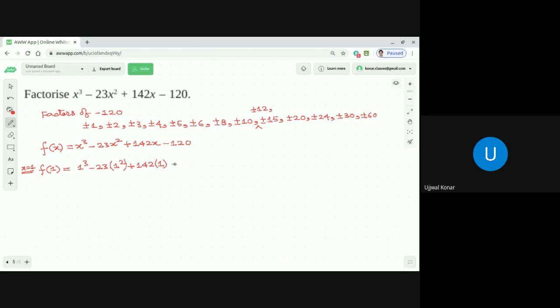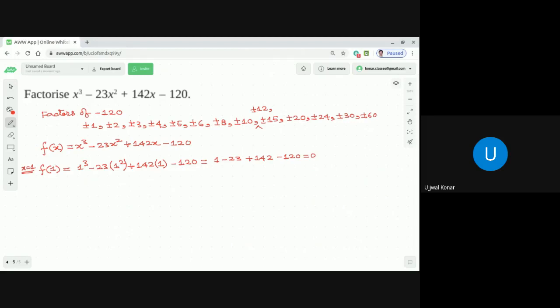So what value are we going to get? 1 - 23 + 142 - 120, which is 0. Very good, 0. Fantastic. So that means x - 1 is a factor of f(x).